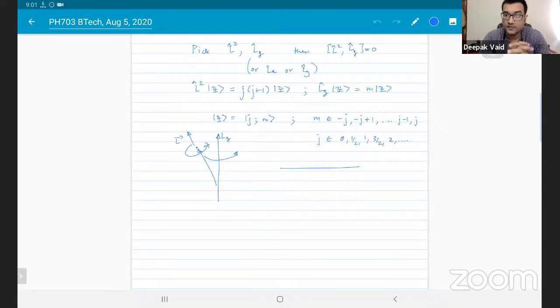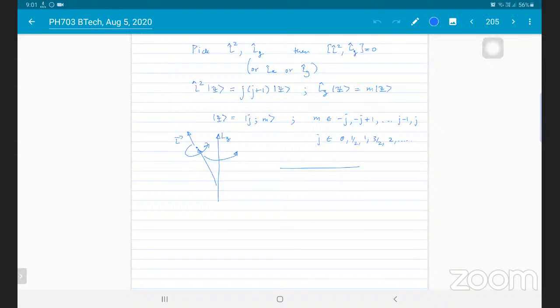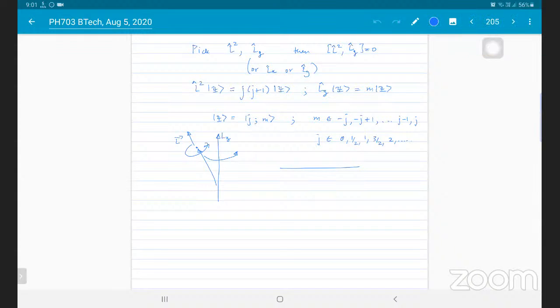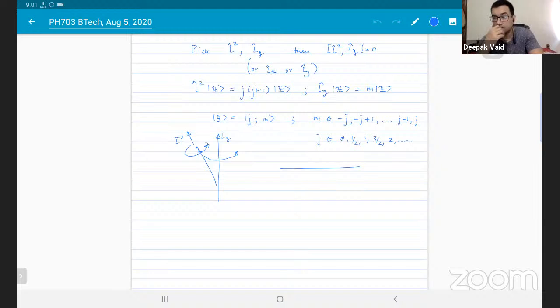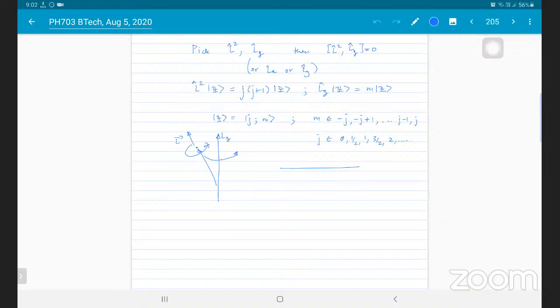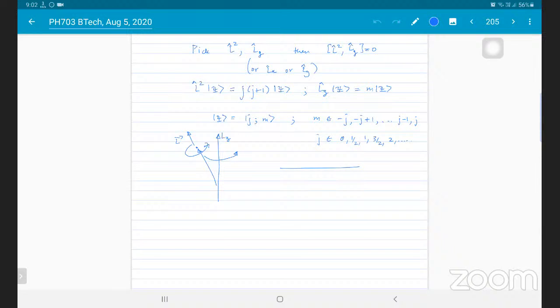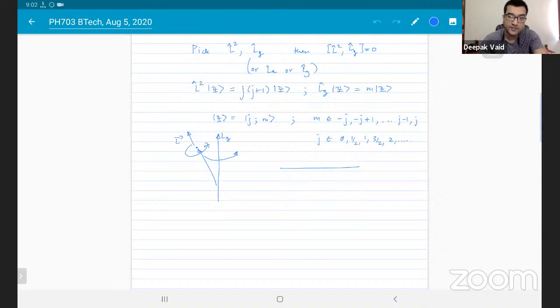Any other questions? Sir, one more. The commutation property we have written, L square and Lx commute. How can we set up an experiment keeping that in mind?